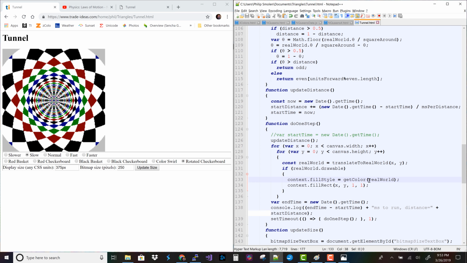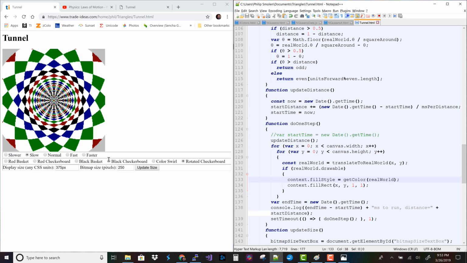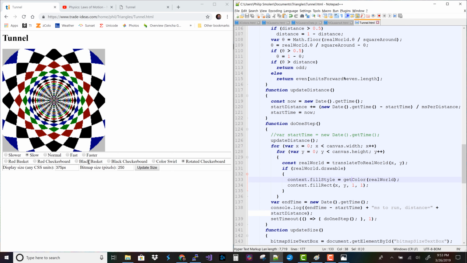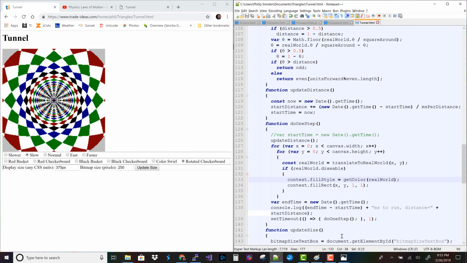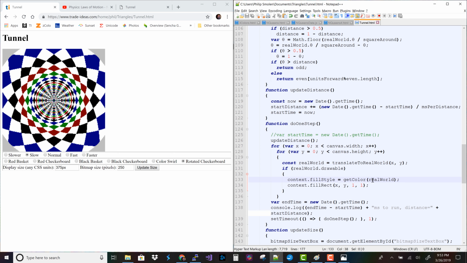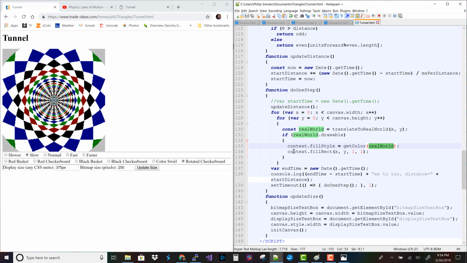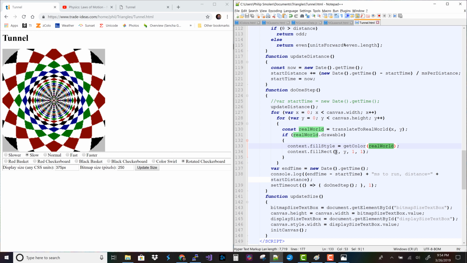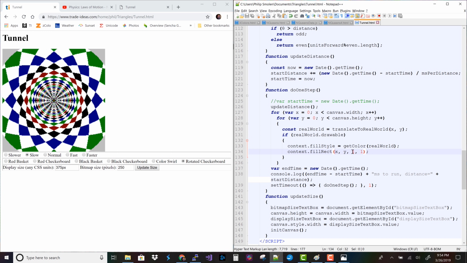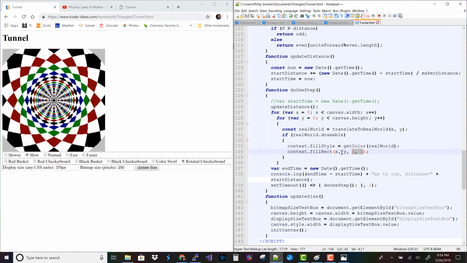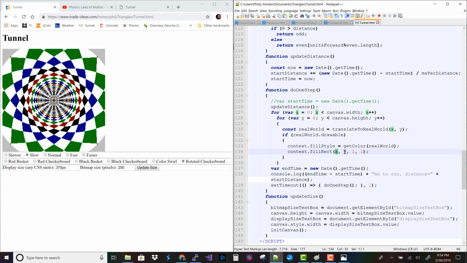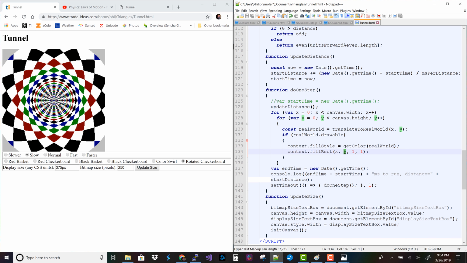So the whole idea is that get color is either going to be red basket or black basket or color swirl. And they all take the same input, this real world coordinate. And then we just draw a rectangle that's 1 pixel by 1 pixel, and that's located exactly at the x and y coordinates that we care about.